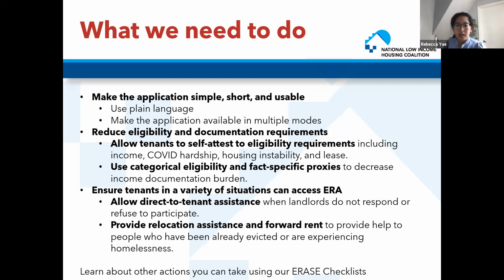On top of reducing eligibility stringency, programs really need to adopt alternatives to source documents. So programs should be using self-attestation for income, COVID hardship, and showing rental obligation as the guidance allows. Programs should also look into using categorical eligibility and fact-specific proxies if they aren't already.